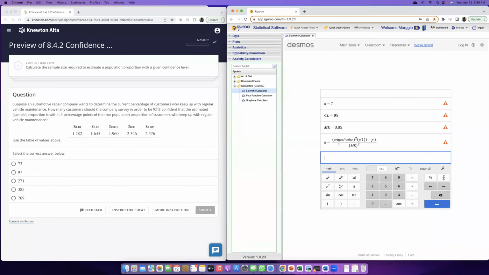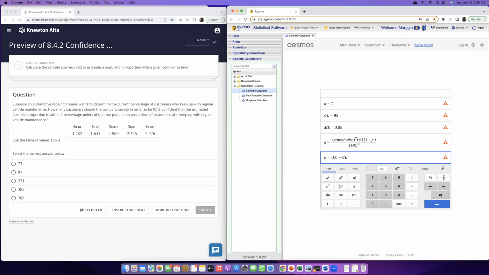Okay, so the first thing that we need to figure out is the critical value, right? The critical value is given in this table. All of these numbers are critical values. Which one we need depends on the alpha. Here, alpha is the same as 100 minus our confidence level.